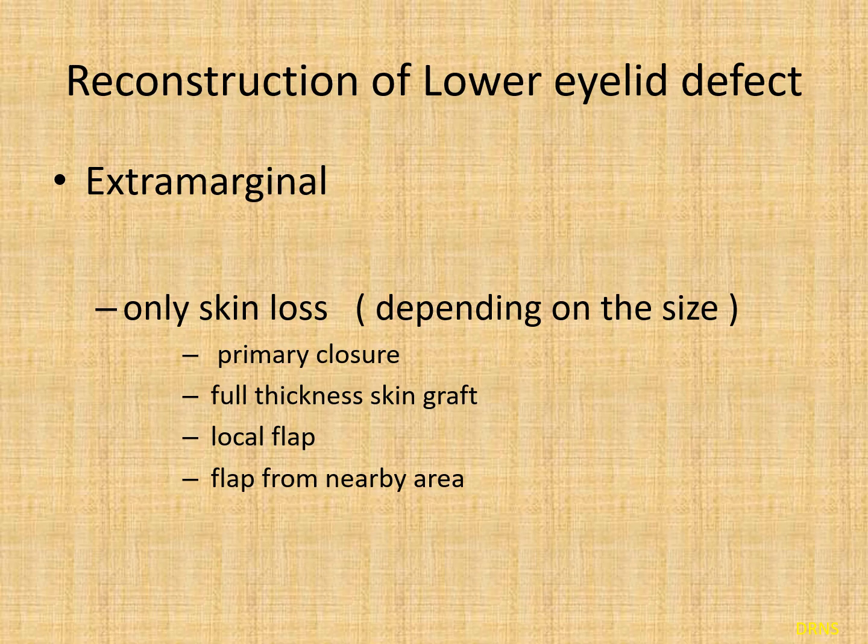Reconstruction of lower eyelid defect can be extramarginal. Only skin loss depending on the size, which can allow primary closure, or full thickness skin graft, local flap, or flap from nearby area.